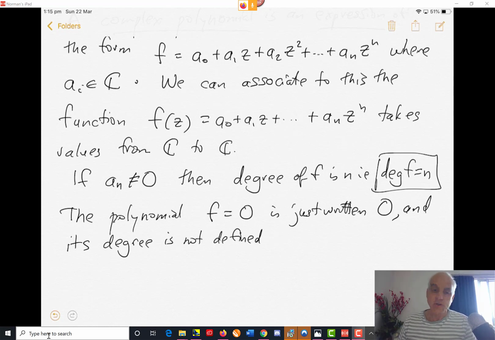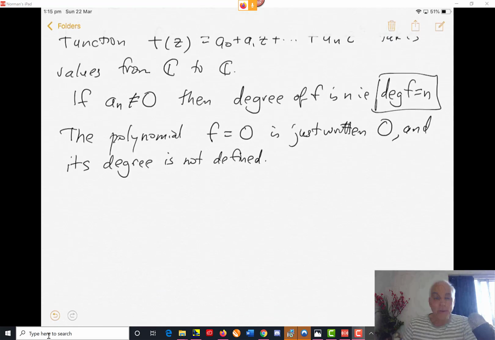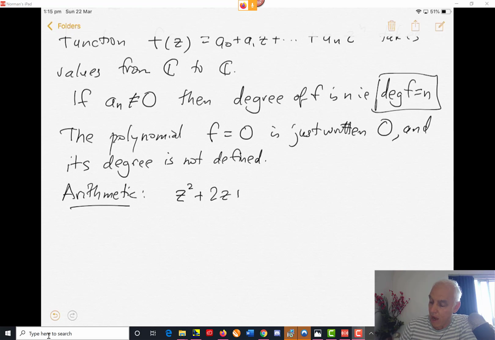Okay, so we can do arithmetic with complex polynomials just like we can for regular polynomials. So I'll just give you some examples of this arithmetic. It's pretty straightforward, just some simple examples. Let's start with the highest power of z starting. So let's maybe say z squared plus 2z plus i. Okay, there's one polynomial.